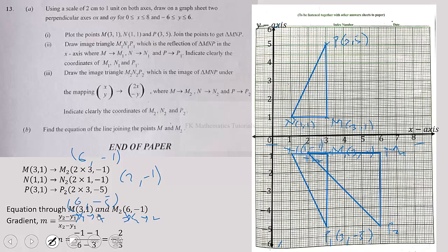So we find the gradient, -1 minus 1 over 6 minus 3, which is -2 over 3. So we use the formula y minus y1 equal m into x minus x1, and that will give us this equation that you see, which is y equal -2 over 3x plus 3.